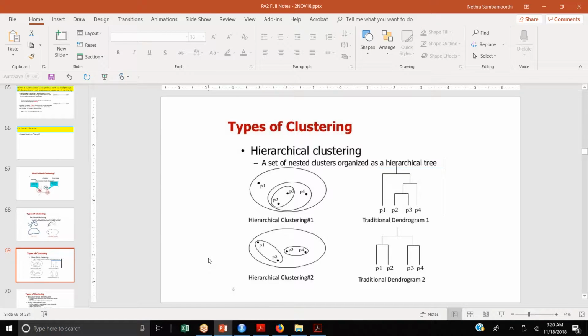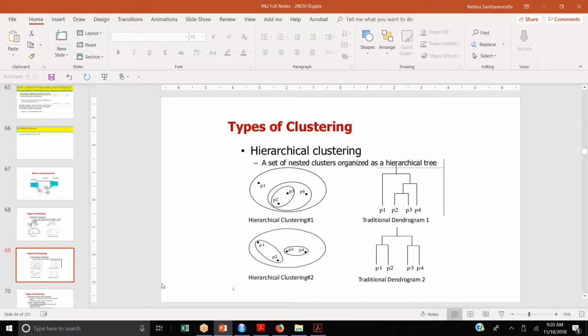So sequentially we are trying to find out who is the next closest member. In this case, P2 is closer, because if you compare the distance between P3 and P4 and between P2 and P3, P2 and P3 are the lowest, so first combine these two. And then once I combine this one in this cluster collection, is this too far or is this too far? This is too far, so the next one is this. And given this one, the final point is added to this.